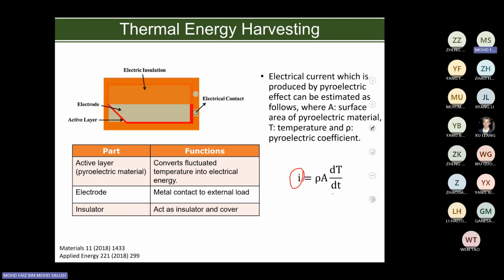But where can you find the fluctuated temperature at a specific frequency? Quite difficult to find. If you look in this book, are there any resources of fluctuated temperature?